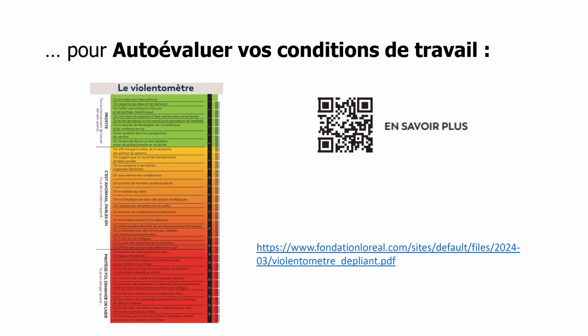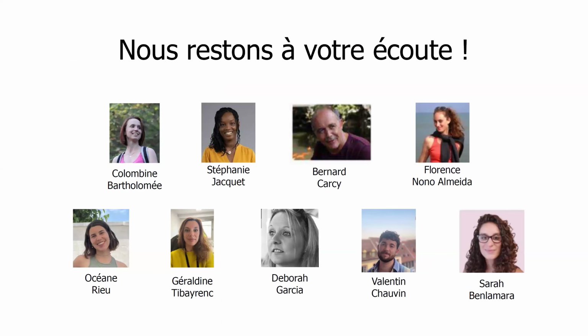But I think it's also good to know ourselves where we are placed in our work environment. I see some QR code scanning. It's okay, it's on the intranet if needed.